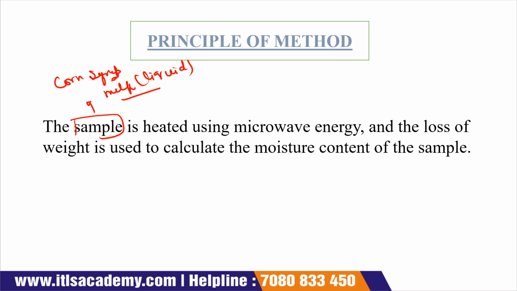We heat this corn syrup and milk in a microwave oven, heated with the help of microwave energy, and when they are heated there is a loss of weight, and with the help of this weight we calculate the moisture content of the sample. This is the principle behind this experiment.